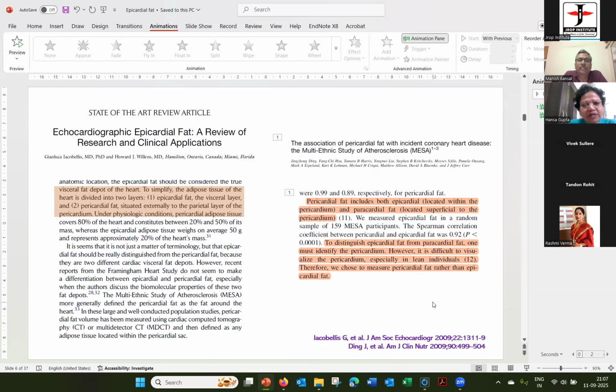If the IVC is normal, as Dr. Manish has shown, or collapsed, how can you think about a pericardial effusion which is so huge and large, and apparently causing RV compression, without affecting the IVC? So it should be a comprehensive approach, not just labeling it quickly. And sometimes when things are not very clear, try to make a subcostal image and you will find very good pericardial fat lying over the RV anterior wall.